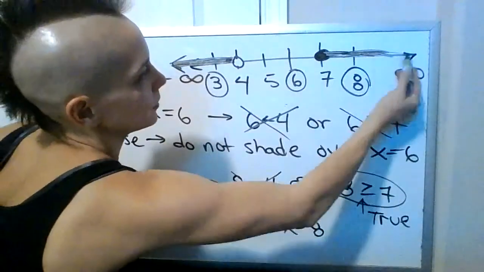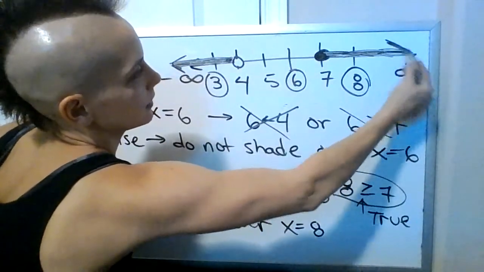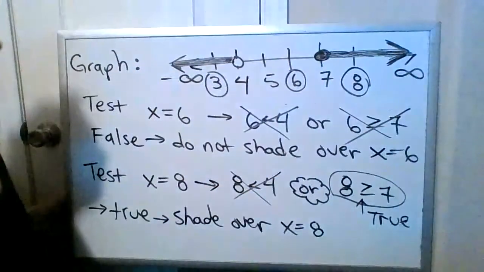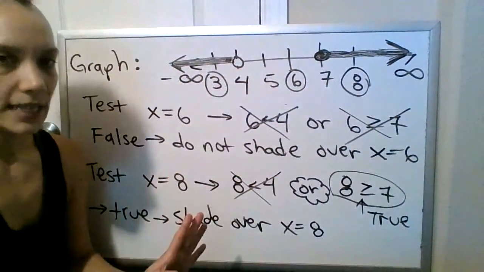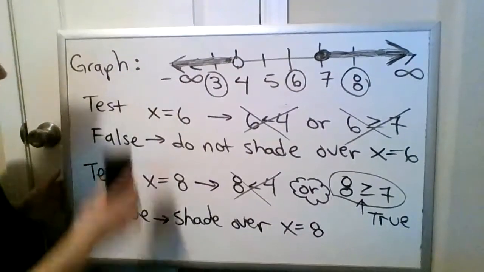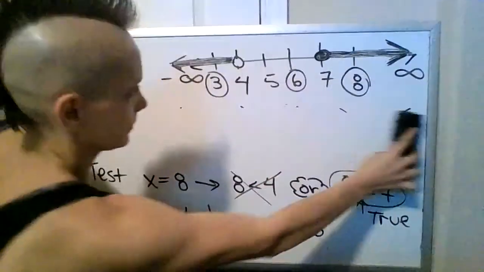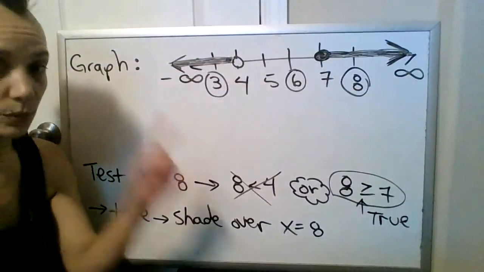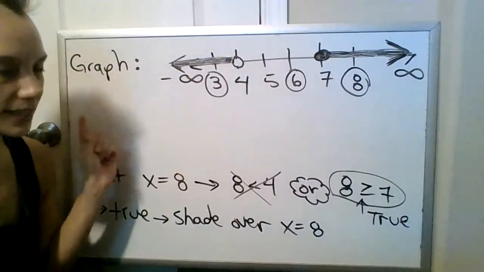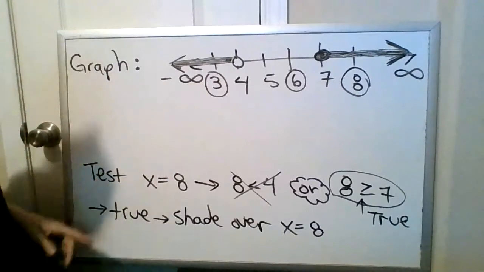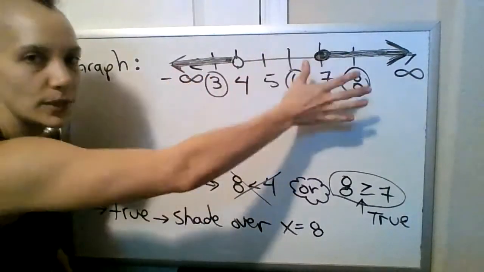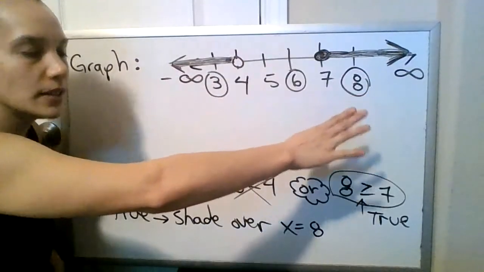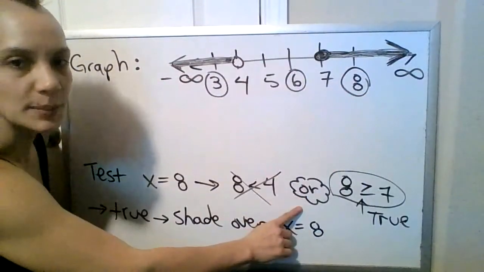And up to 7 and over to. That's the graph. When we get to interval notation, we need to put this set with that set. We're saying you're in this side or you're in that side. And we'll use the union symbol.